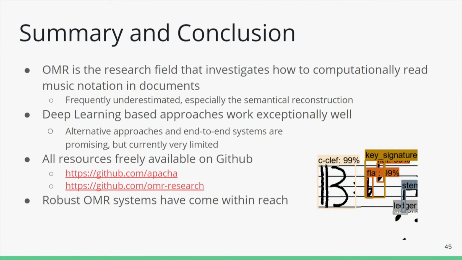I tried to approach optical music recognition mostly with self-learning and deep learning. So I asked the machine to please learn the things by itself, given a certain amount of supervision. And it worked exceptionally well. I was really surprised to see how well deep learning was able to detect symbols and do other parts that are essential to optical music recognition.